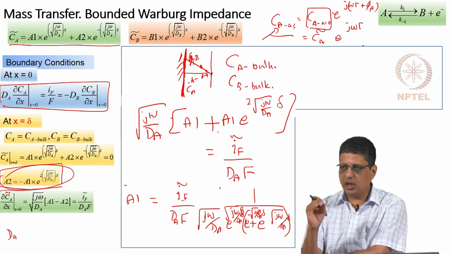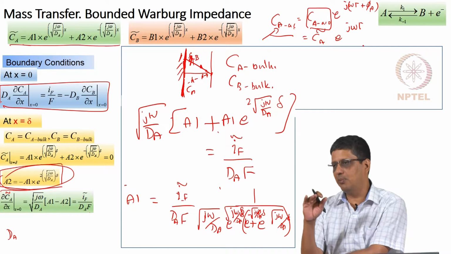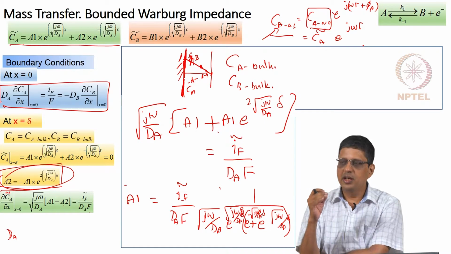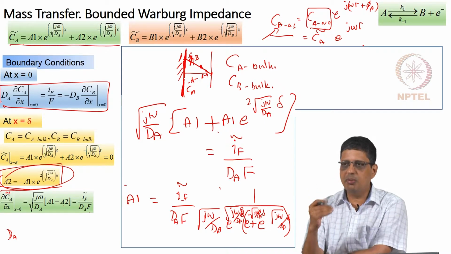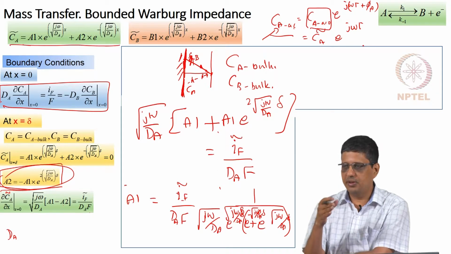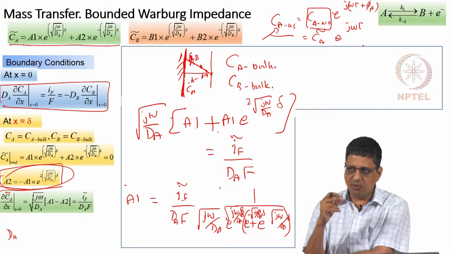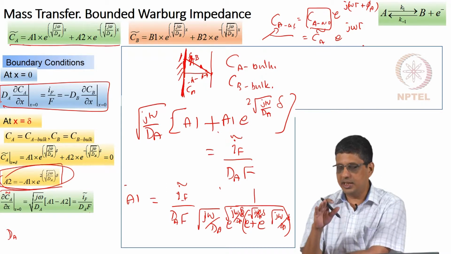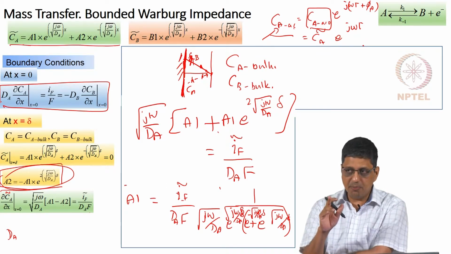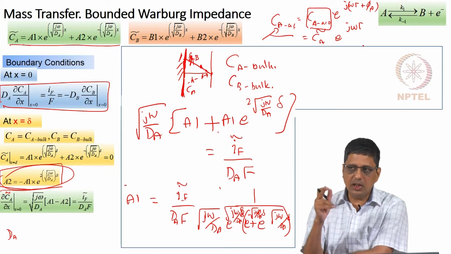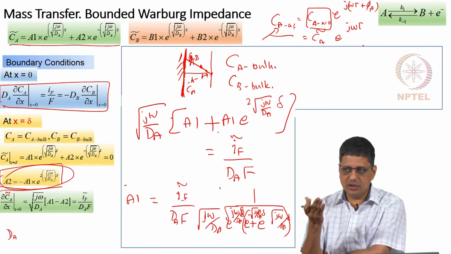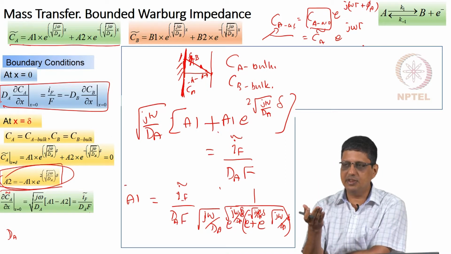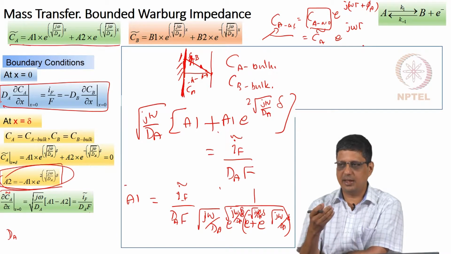For example, initially A is at 5 millimolar and B is also at 5 millimolar. A would have gone down to 4 millimolar because of reaction, it is consumed. B will not be at 6 millimolar, it may need to be at 7 millimolar to go at the same rate. So under steady state conditions, it will build up to a different value, but it will not keep increasing, because the diffusivity, in this case, we assumed, is smaller.